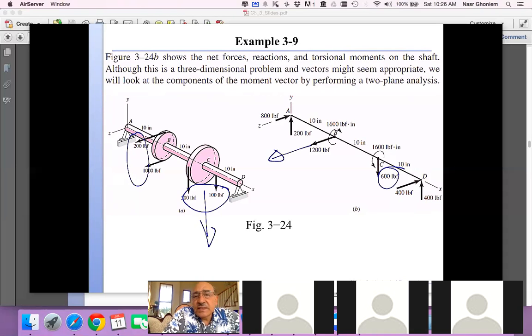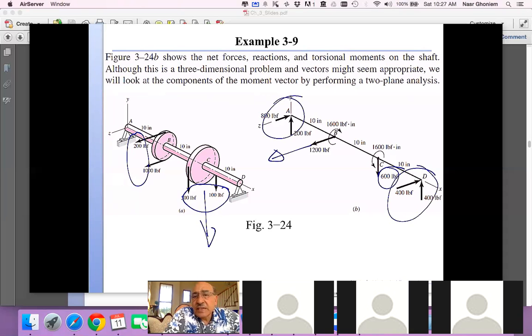You notice that the concentrated forces are acting, one in the negative y direction and one in the positive z direction. So we set that aside, and then for these two concentrated loads, the end result is that they're going to give reactions at the ends.